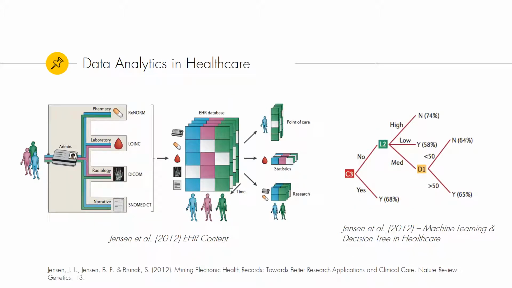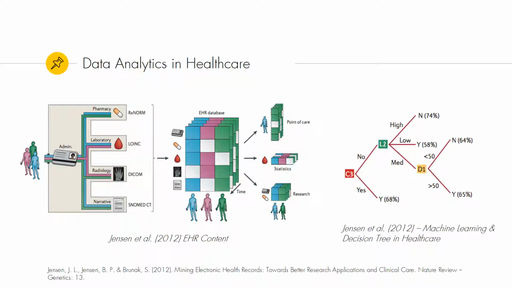So data architecture in healthcare is very similar to any other industry's architecture. Data goes through the ETL process: extract, transform, and load. If you see on the left hand side of the graph, data can be extracted from multiple sources like pharmacy, labs, radiology, medical notes, and admission forms.